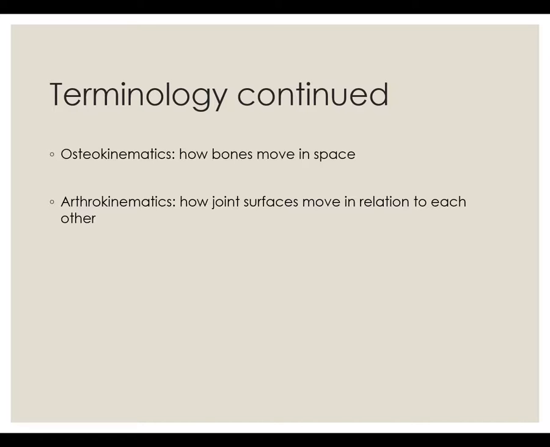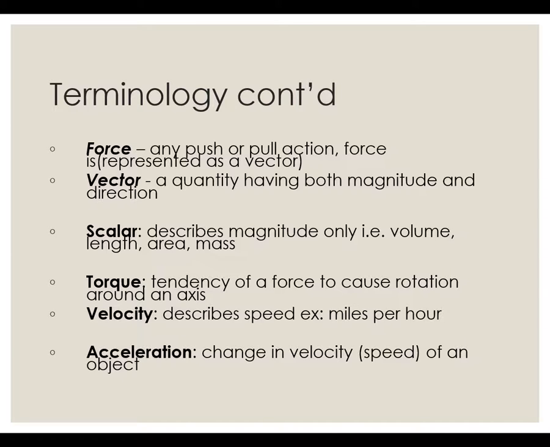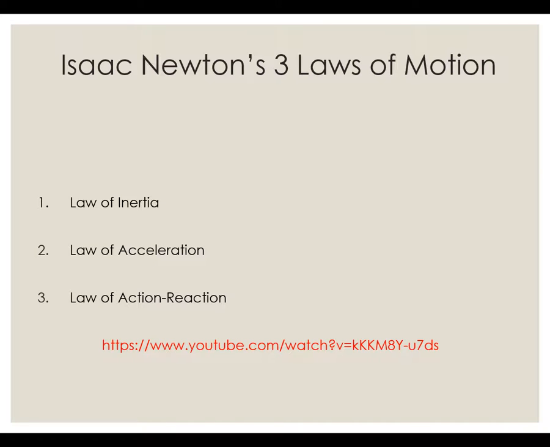So the difference here is osteokinematics, we discuss how bones move in space, and arthrokinematics, how joint surfaces will move in relationship to each other. More terminology that you're going to have to get acquainted with that we will discuss as we move into this chapter. Force, vector, scalar, torque, velocity, and acceleration.